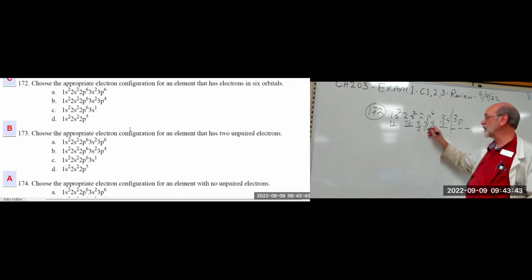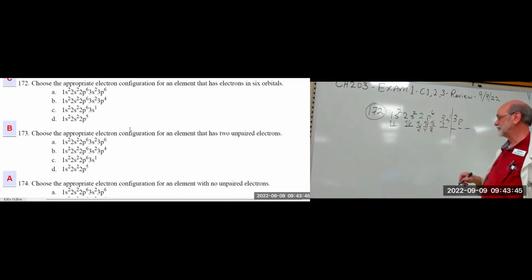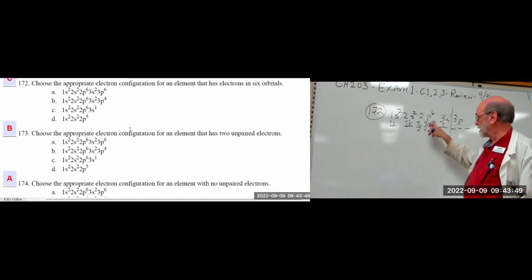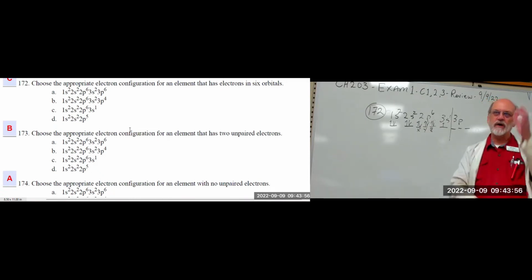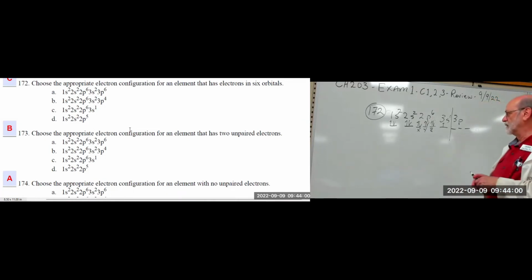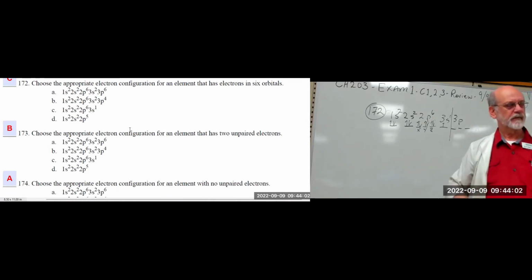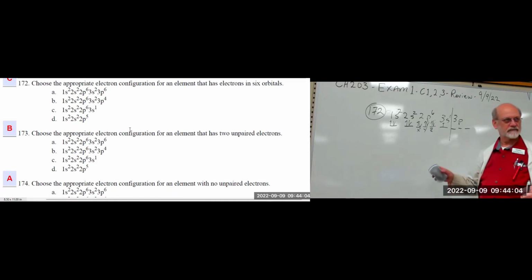X, Y, and Z. We usually call them that. Why? Because the P denotes orientation in space. X orientation, Y orientation, or Z orientation. You good on that one? I'm taking notes. Okay.